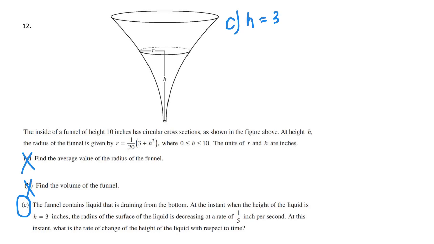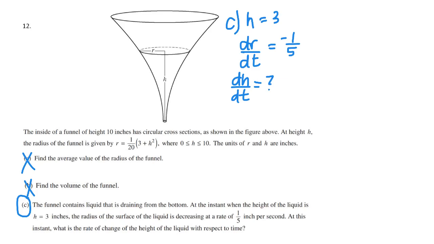The radius of the surface of the liquid is decreasing, so I know dr/dt, and it's decreasing, so that one is probably negative, and it was 1/5 inches per second. At this instant, what is the rate of change of the height of the liquid with respect to time? So I'm looking for dh/dt.